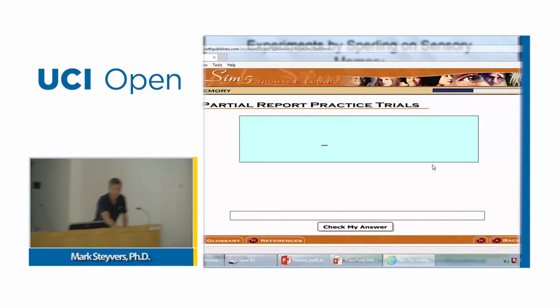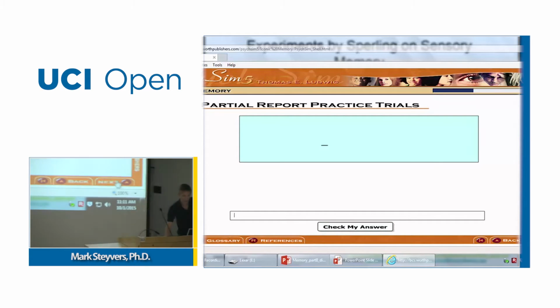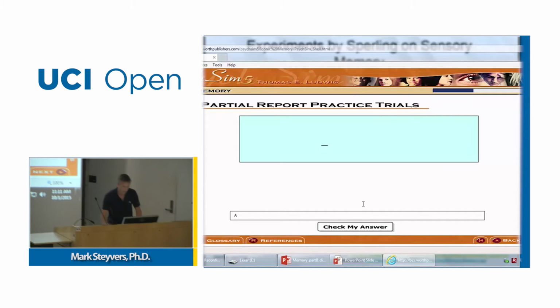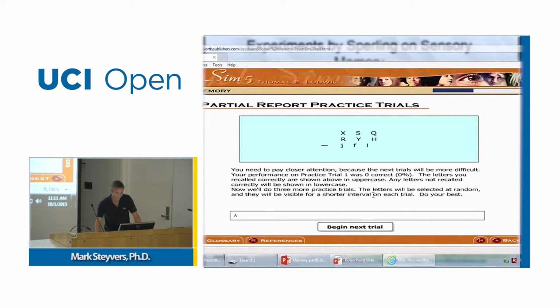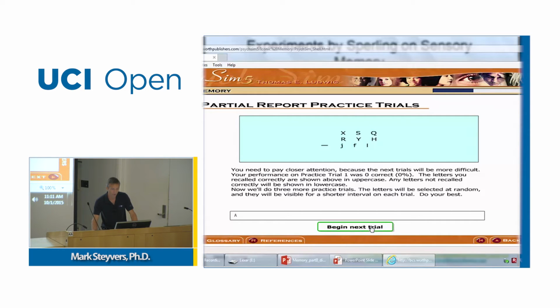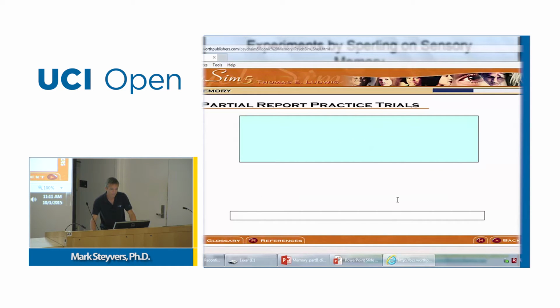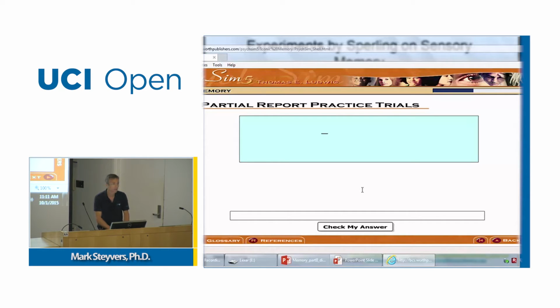You're supposed to read out the bottom row. So I don't remember anything. Wasn't paying attention. Okay, next trial. Now you sort of know. RT.